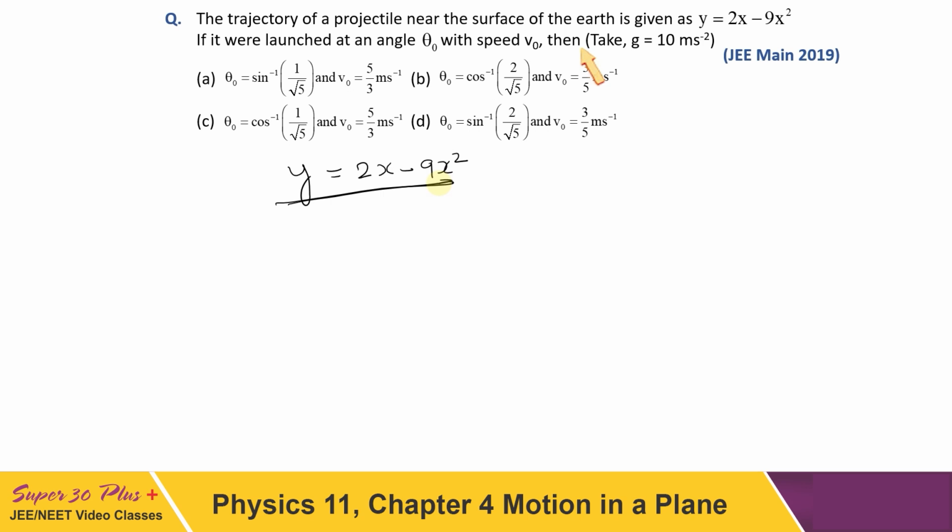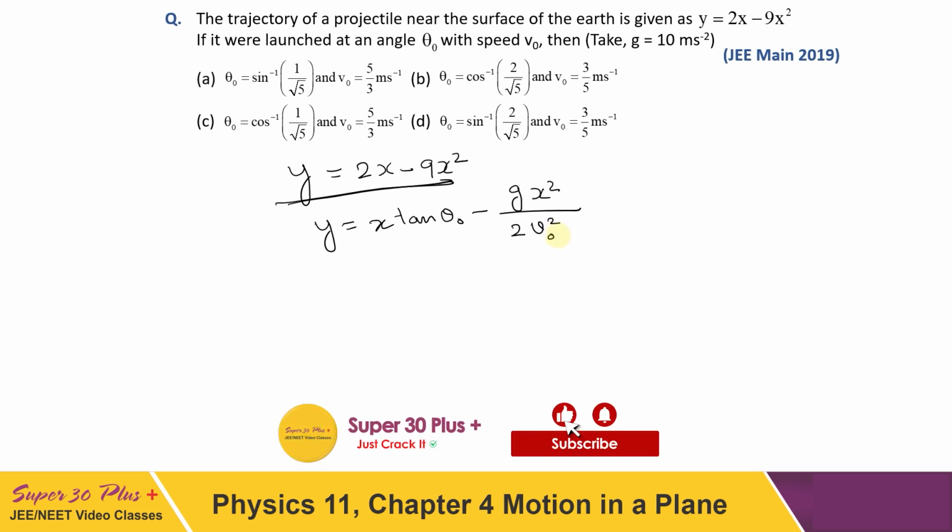So in projectile motion, if you recall the trajectory equation we had got, y can be written as x tan theta naught minus g x square upon 2 v naught square cos square theta naught.